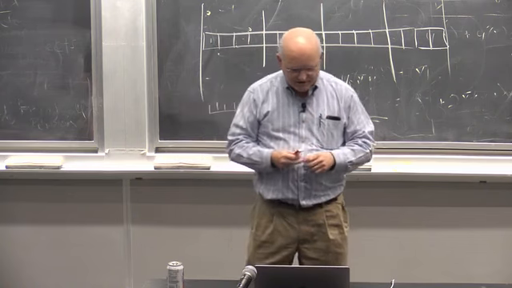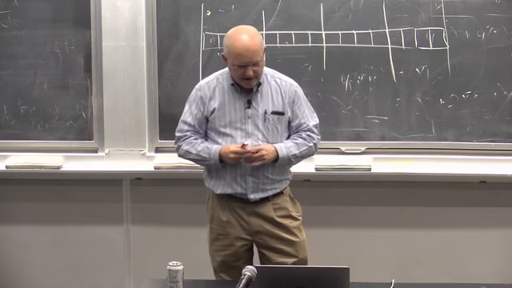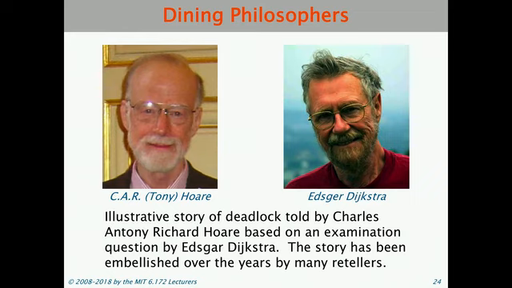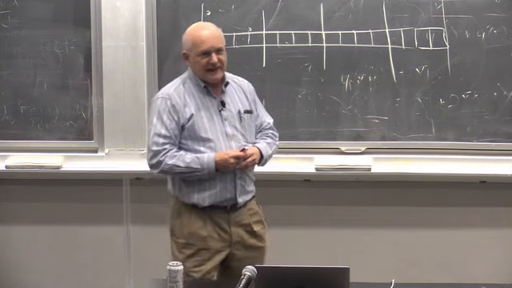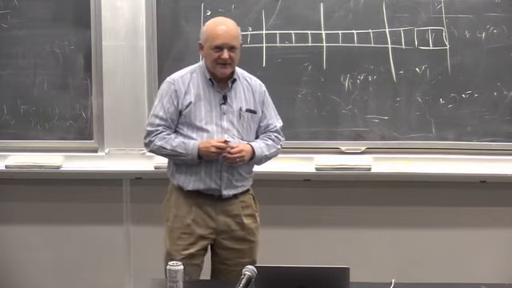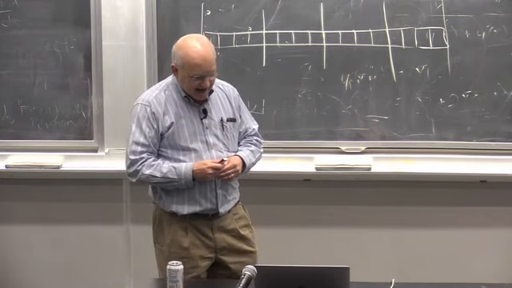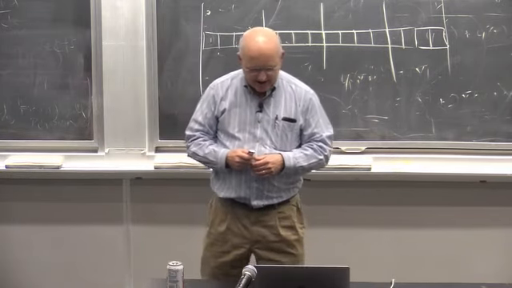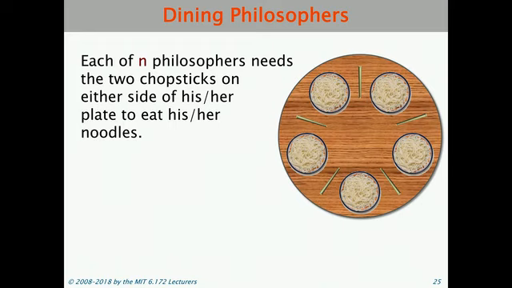Dining Philosophers is a story of deadlock told by Tony Hoare, based on an examination question by Edsger Dijkstra. Okay? And it's been embellished over the years by many, many retellers. And I like the Chinese version of this. There are versions where they use forks, but I'm going to say that they are eating noodles with chopsticks.